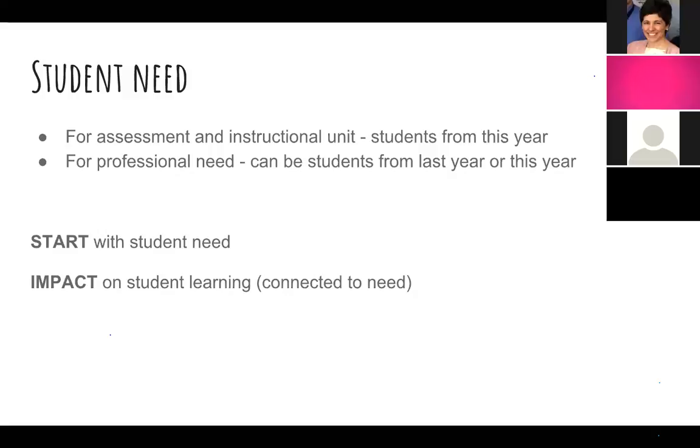But it can be something that is a trend that you've seen over time. And we will talk a little bit about that when we give some scenarios that I think might help give you an idea what we're talking about. So you always want to start with that student need, because you do have to connect impact on student learning. So the impact on student learning is connected to the need that you have.